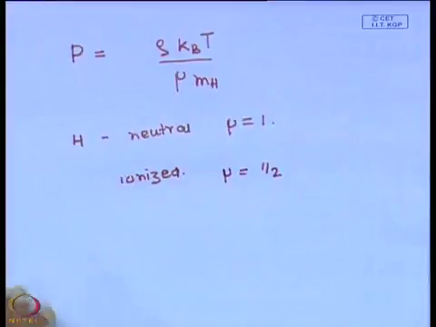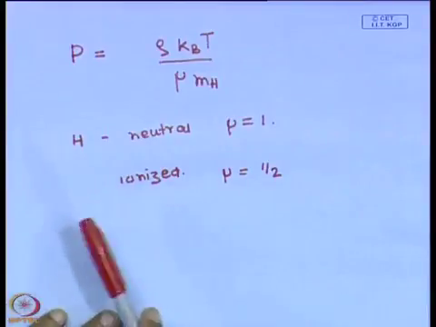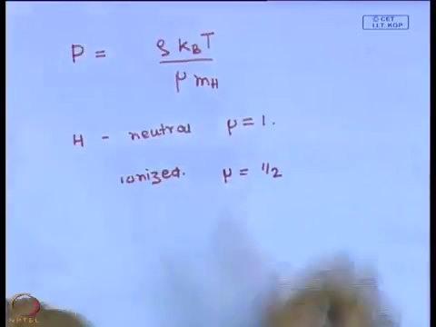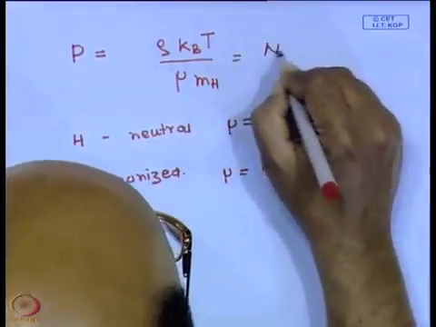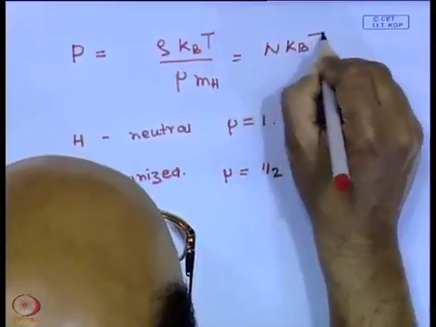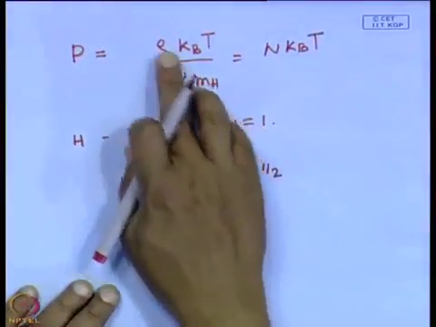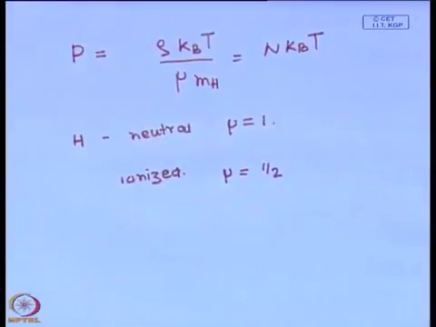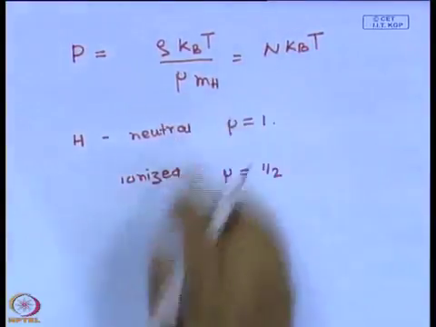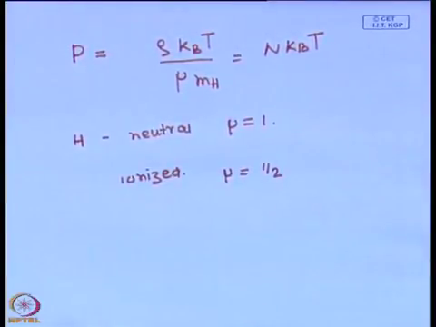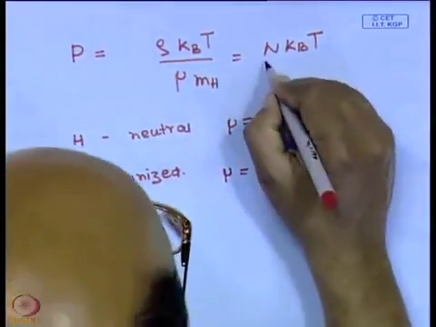Because the electron has weight approximately 0, the proton has the same weight as the hydrogen atom approximately. But the number of particles has doubled, because we have the electrons and the protons both contributing to the pressure, right. This is actually N kBT. This is the formula which we have written like this in terms of the mass density. Right, the pressure is N kBT, N is the number of particles, per volume.